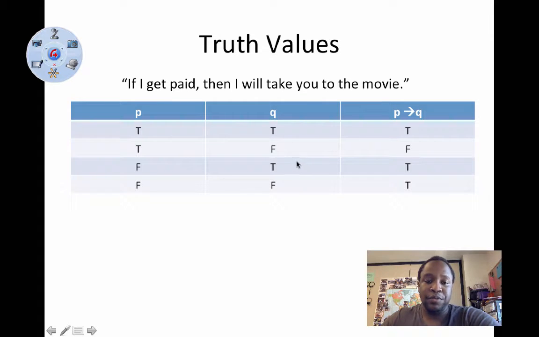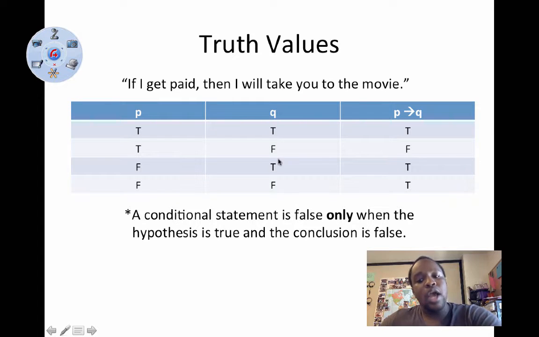So that's also true. So a conditional statement is false only when the hypothesis is true and the conclusion is false. And the way that we figure out things are false is by coming up with a counterexample. So the only way that we can prove that a conditional statement is false is if the hypothesis is true and the conclusion is false.